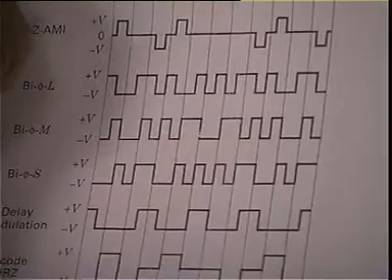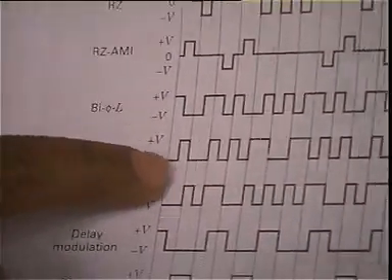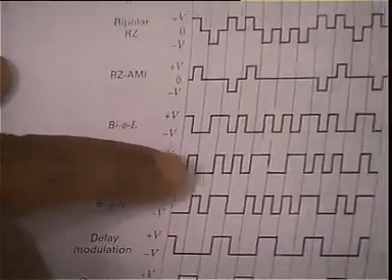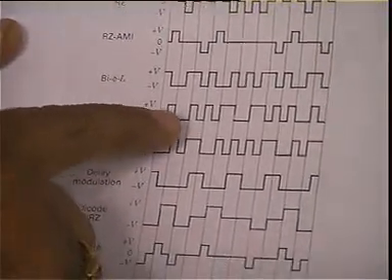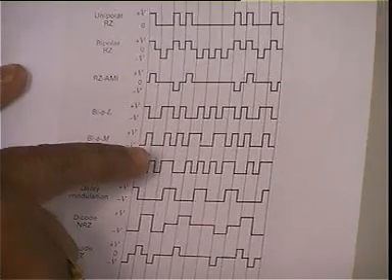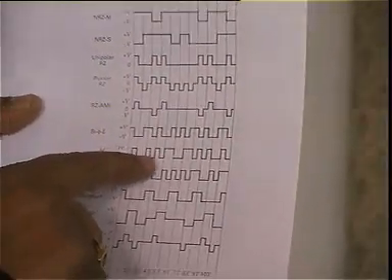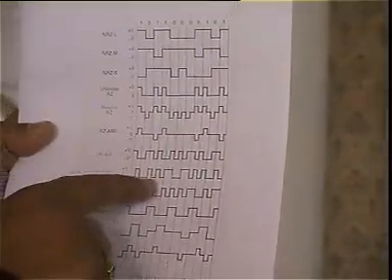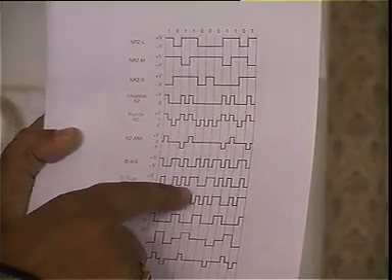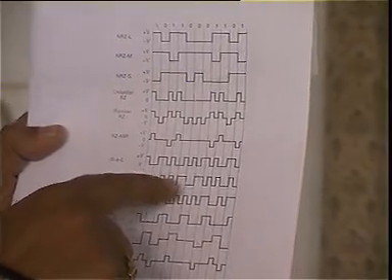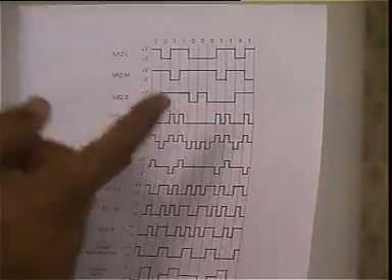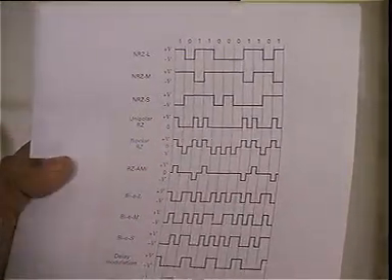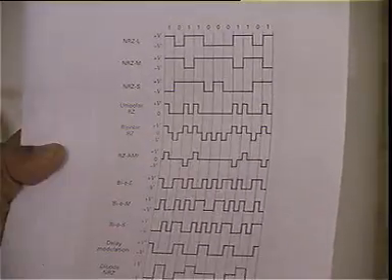Now there is a second 1 coming here, but because I occupied the second half of the bit period, now I will occupy the first half of the bit period, and I come to the low state. This is similar to return to 0. Now there is a 1 here, I must again change my state. I will go to high state and come to low state. And because I was in low state here, the next 0 I must signal with the high state. So at every bit interval there is a transition happening.